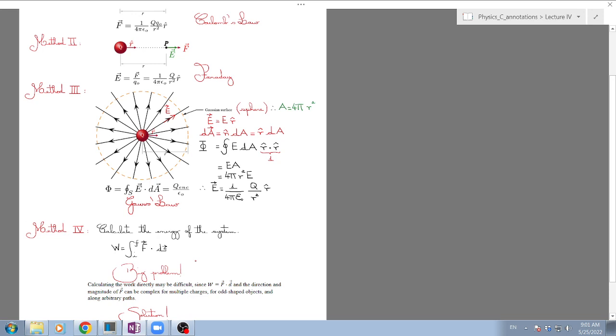And it also depends if you are trying to calculate the work along arbitrary paths; sometimes it's very complicated. You have to break it down into smaller parts and calculate the work.